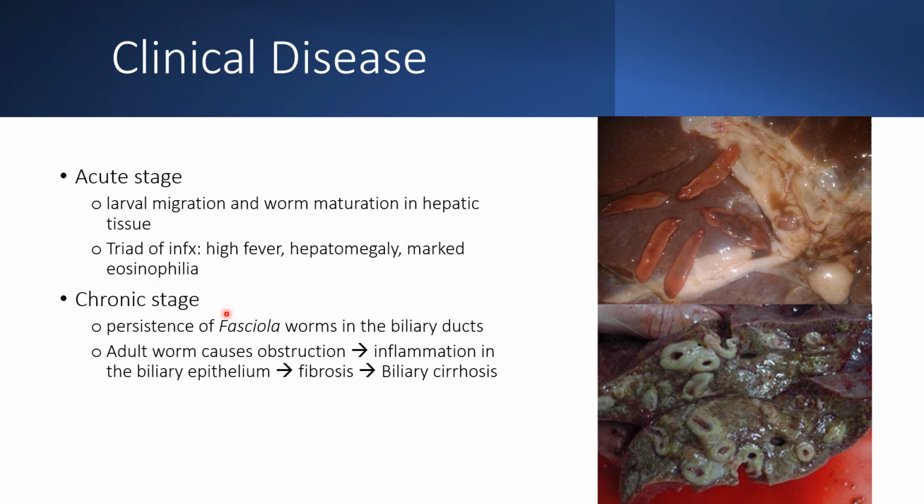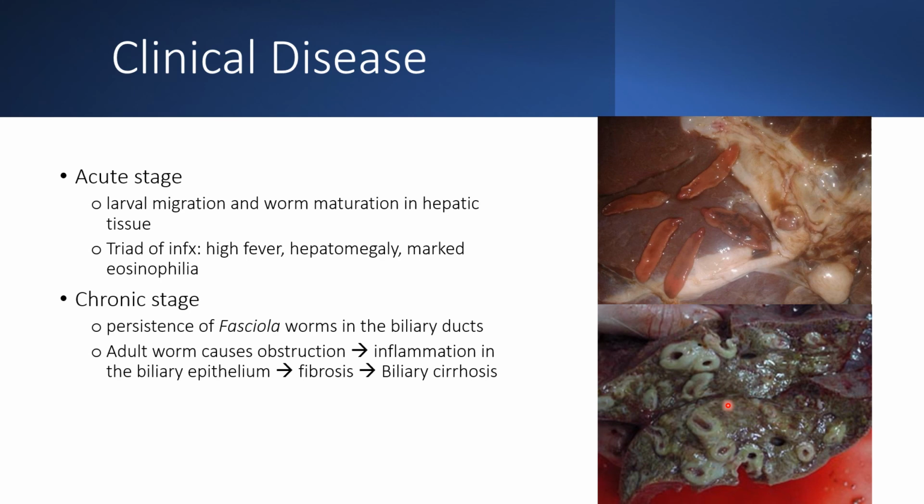Chronic stage: persistence of Fasciola worms in the biliary ducts. So this one shows Fasciola species in our liver. Okay? And then here, this shows inflammation of the biliary ducts in our liver.